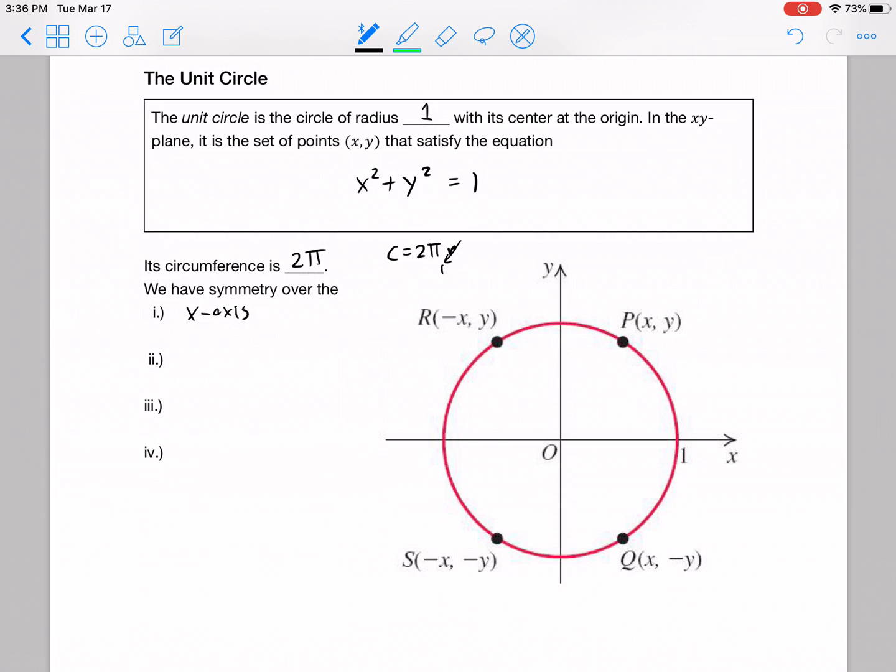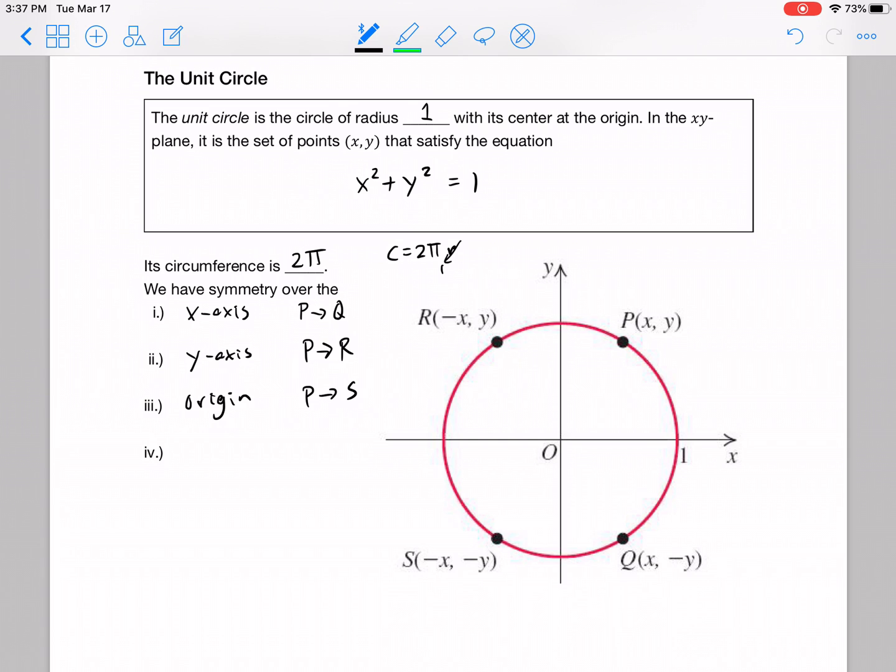That's like from point P to point Q. We're going to have symmetry over the y-axis, and that could be like point P to point R. And we're going to have symmetry about the origin. Basically, we can rotate it around the origin, and that's P over to S. We can rotate around to there.